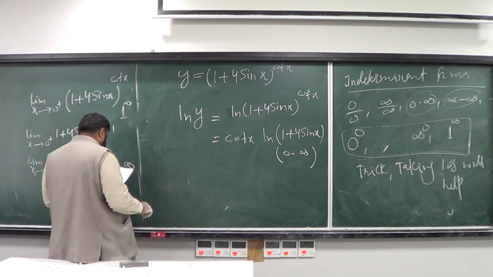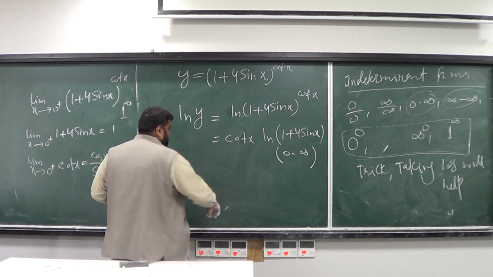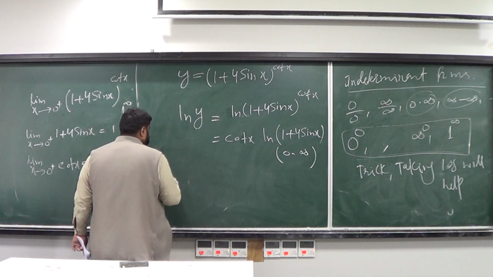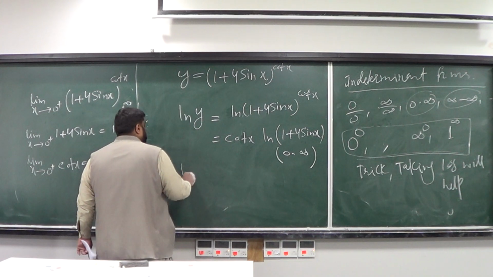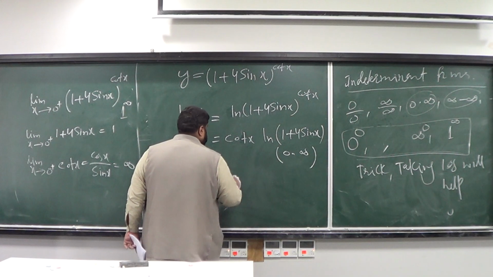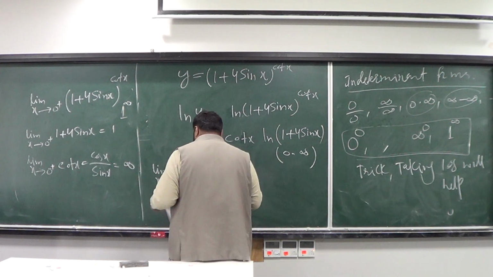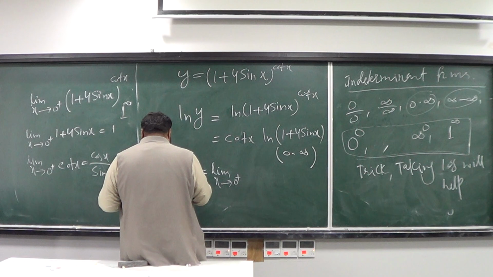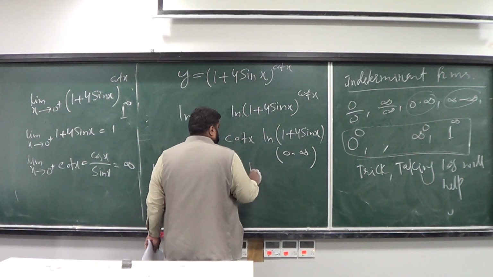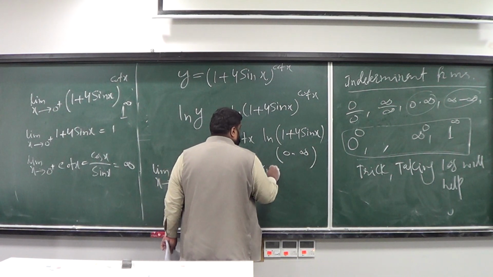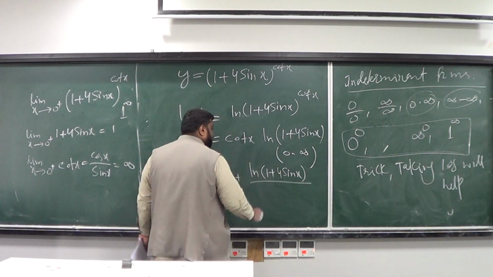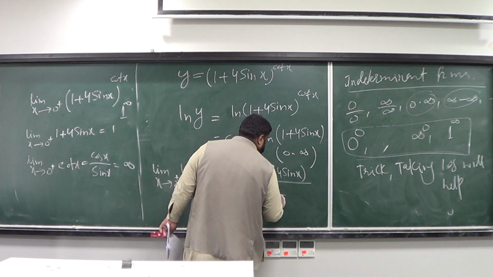So what should I do? On this side I have log y, and I take the limit as x goes to 0 plus. I can, for example, write log of 1 plus 4 sine x divided by 1 upon cot x.